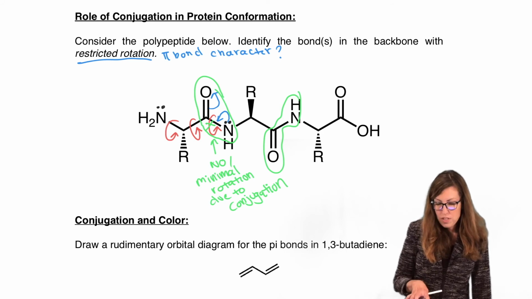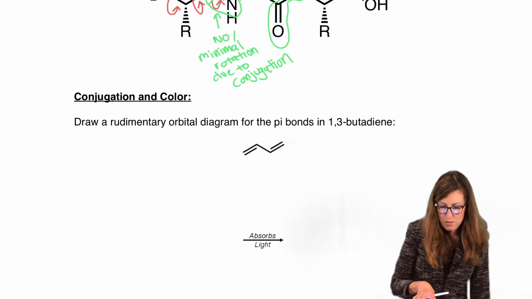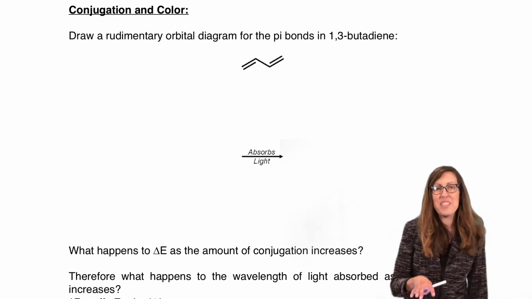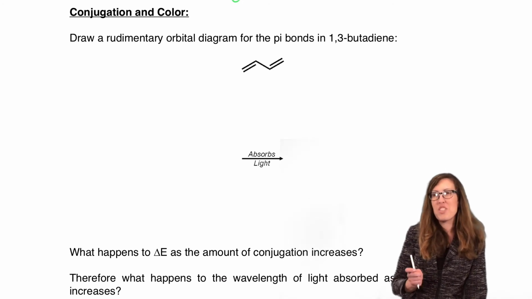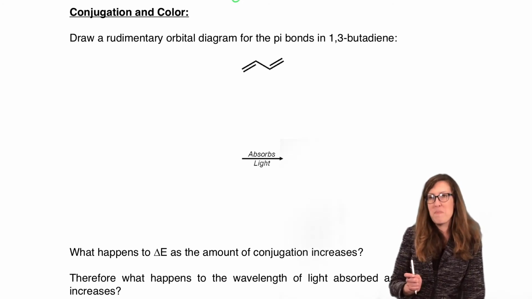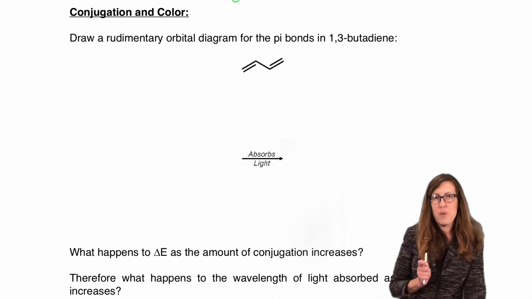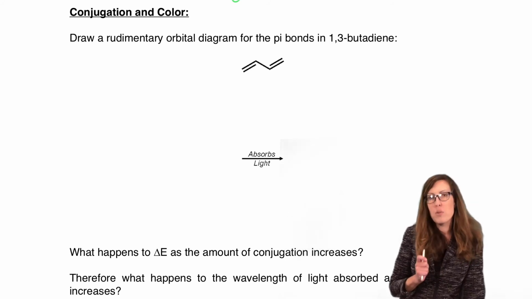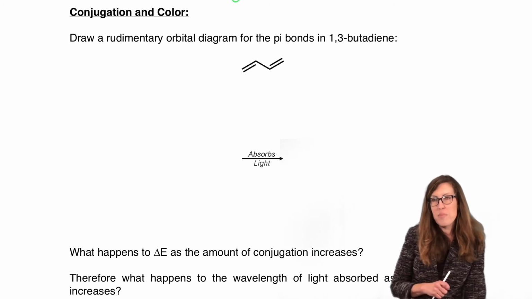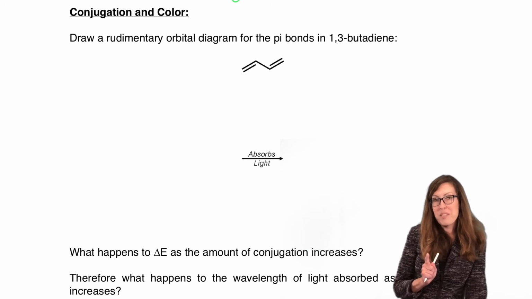Another really fun application that we get to cover now with conjugation is color. That's exciting, especially in organic, because in the lab, we just work with white solid, then colorless oil, maybe colorless liquid, back to white solid. Very few organic compounds are colored unless they have a particular property.